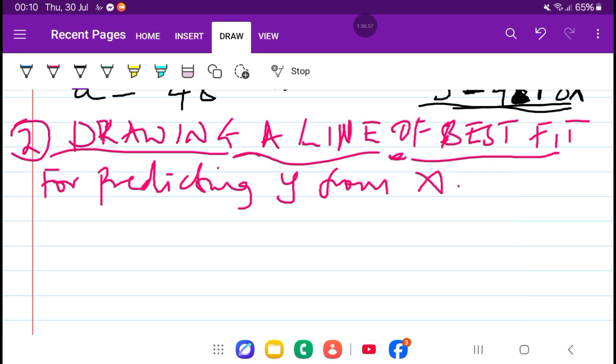Now, one of the assumptions they make when they are drawing the line of best fit is that all the values of x are accurate. Because remember, we are determining y from x. So the assumption is that the values of x from which we determine the y value are accurate.